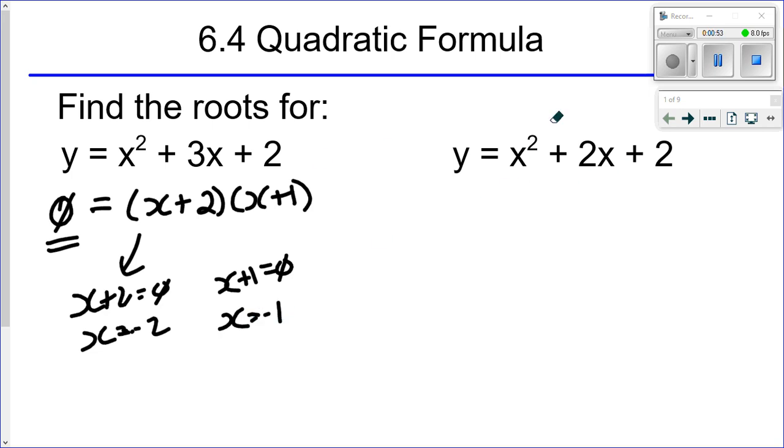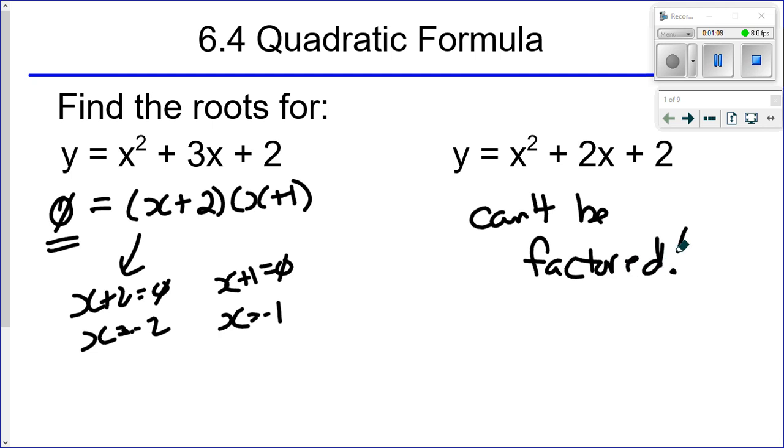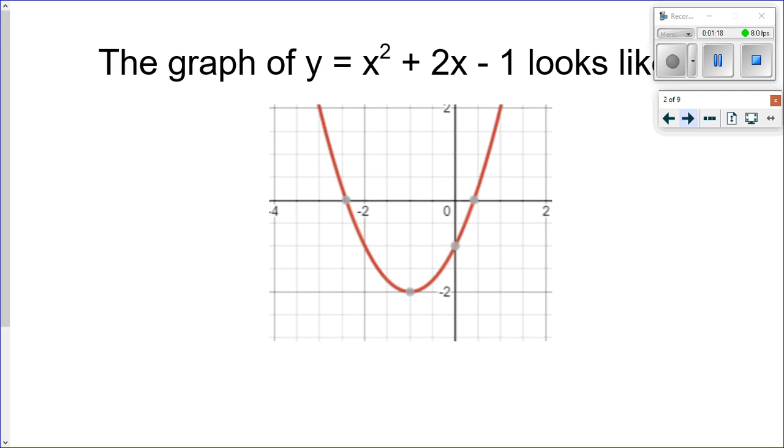Now, when we try to do the second one, there are no solutions. Well, that's terrible. We like solutions, okay? And we know we can figure it out in other ways.